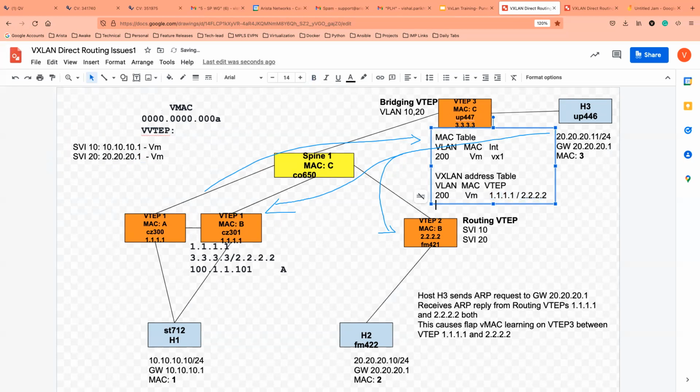Even for VLAN 100, you will keep on changing VM to 1.1.1.1 or 2.2.2.2. So if you have 100 VLANs, this entry for all the VLANs will keep on changing because gratuitous ARP is continuously sent by all the VTEPs. And if there are 50 VTEPs, you can understand what will happen.